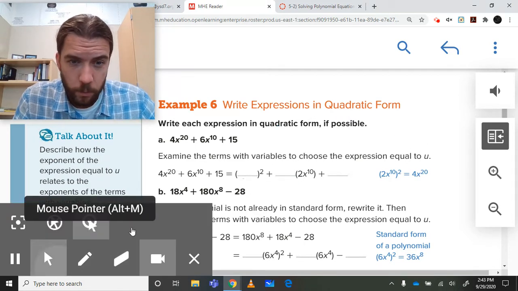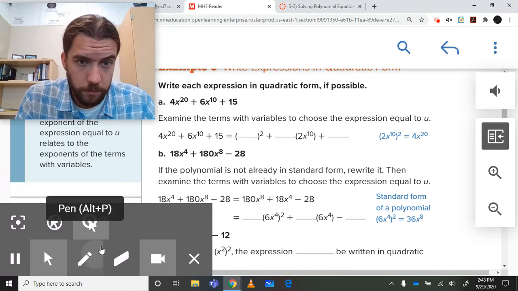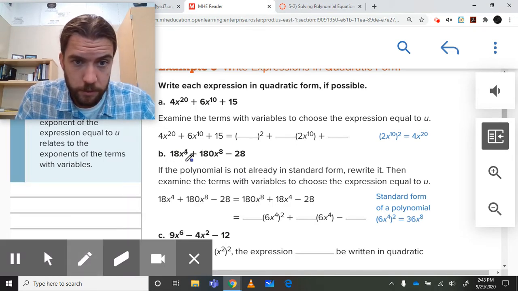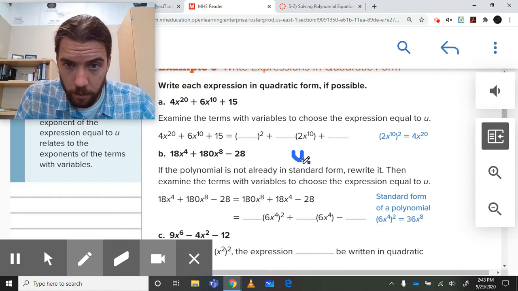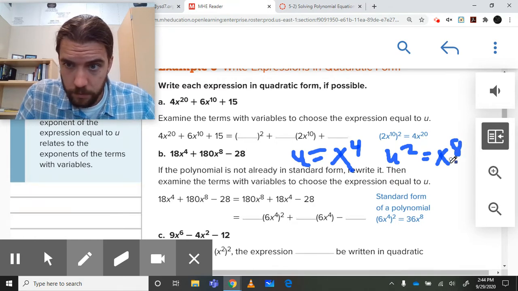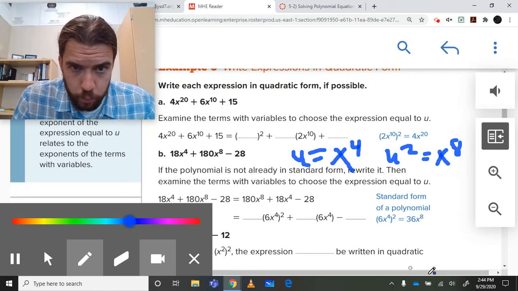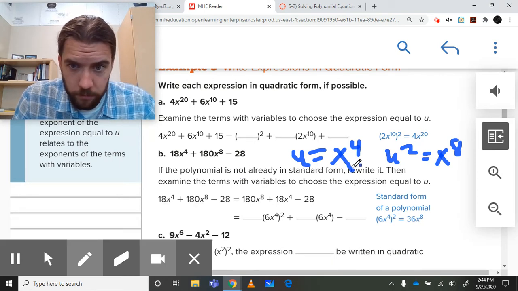So on B, we have 18x to the 4th, 180x to the 8th. Okay, so our u, paying attention, should be x to the 4th. It should be our smaller one. And our u squared would be x to the 8th. All right, so what do we have? If a polynomial is not already in standard form, rewrite it, then examine the terms and choose the expression equal to u.